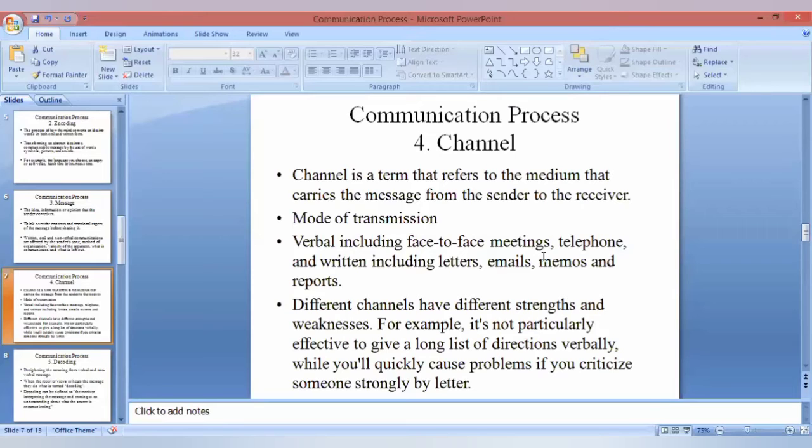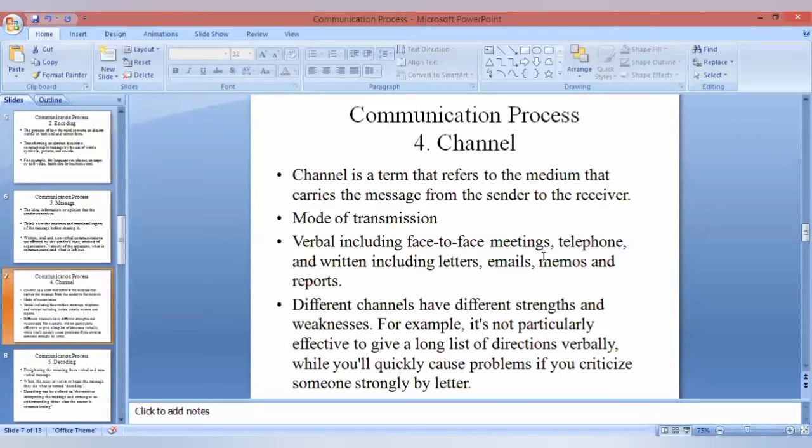And if you want to have immediate feedback from your recipients, you can hold a meeting or a conference, where you can receive immediate feedback from your recipient. So cost, urgency, and several other factors are kept in mind while choosing a channel.